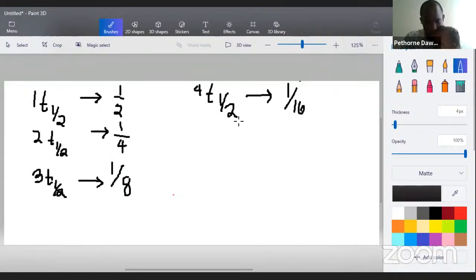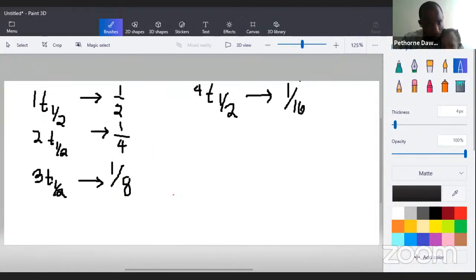So what we have here is that we have gone through 4 half-lives, and the time period for the question is 4 days. That's what was said there. Yes, in 4 days it was reduced to that.